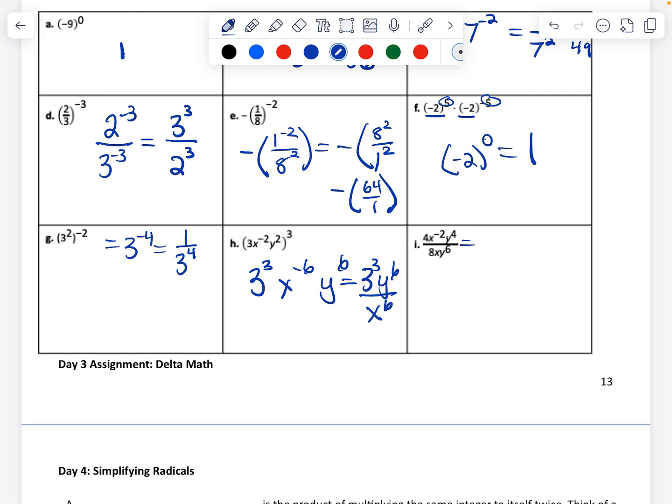And then this one, let's see, I got negative exponents. So x squared goes to the bottom, y to the 4th would stay. And then we simplify. So 4/8 is 1/2, 3x's on the bottom, and y squared on the bottom as well.